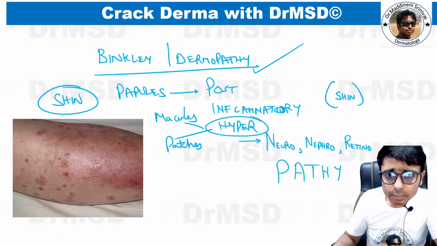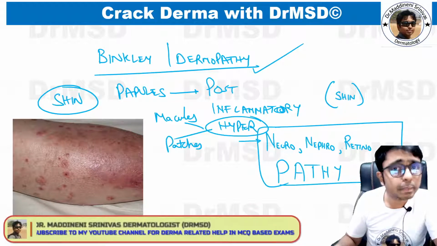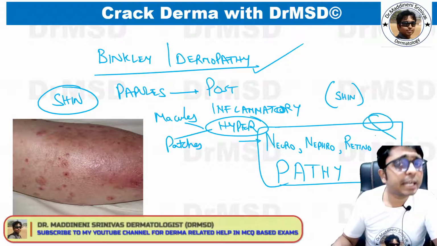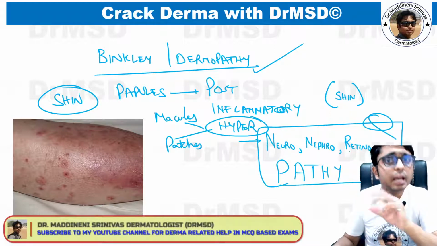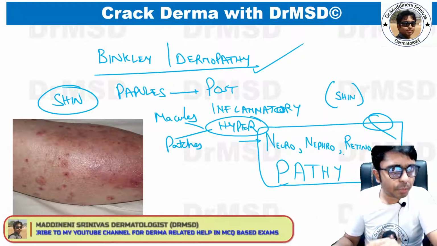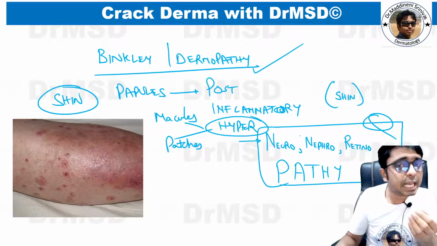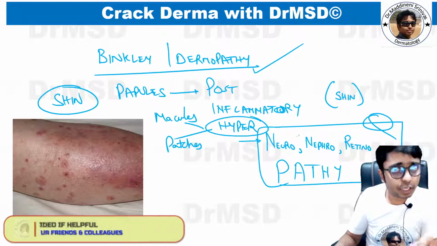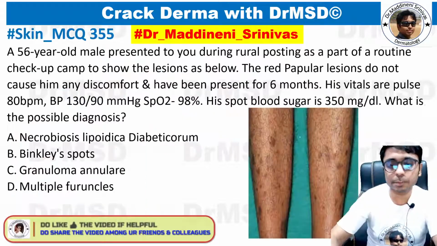So we should keep these patients under very close monitoring, follow them up, and investigate them for any of these possibilities. Ophthalmological examination should be done, and also the routine blood investigations and kidney function tests should be done routinely in these patients.